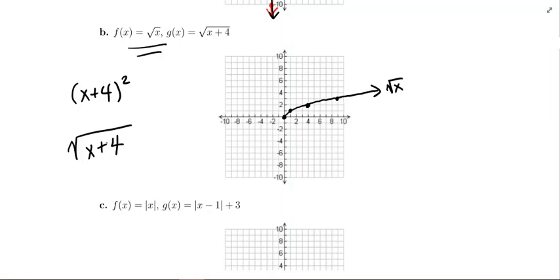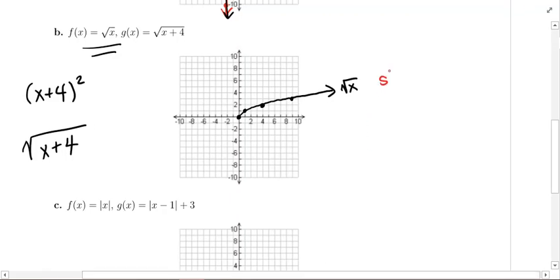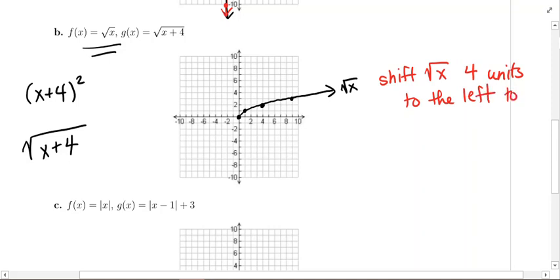So this is going to be a horizontal shift. Since we're adding inside the square root or adding inside the parentheses, however you want to think of it, it is a shift to the left. So what we're going to do here is shift the square root function 4 units to the left to get g of x.